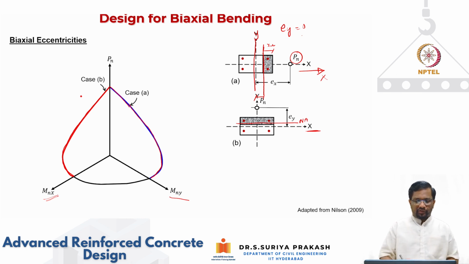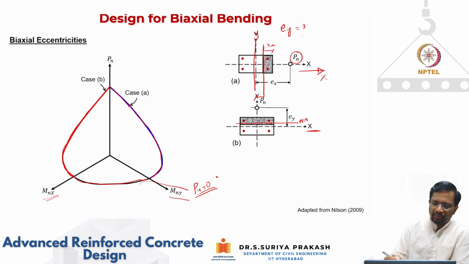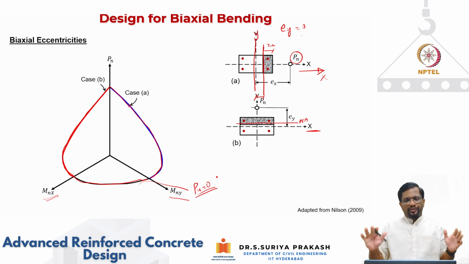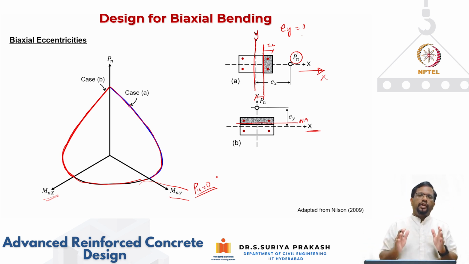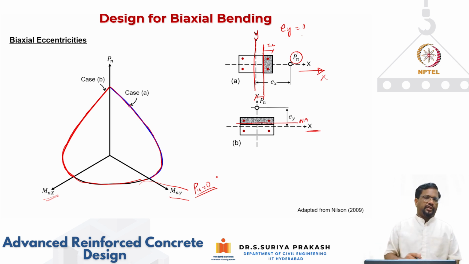That is also possible. So this is this case. What is this case? Here your PU is 0. It is a special case where there is no axial compression. The section is subjected to only biaxial bending, that is, bending moment about the y and x axes. Right. So this is a special case.